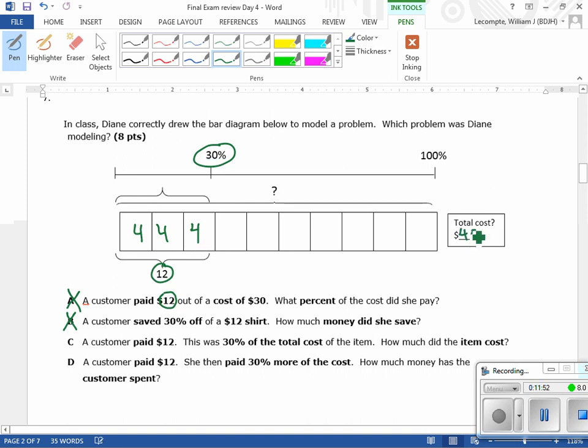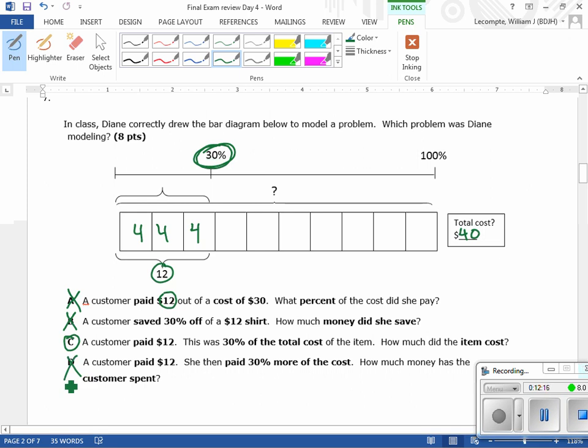And I did save 30% off the cost, which is here. So I would agree that it would be C. Let's prove D wrong. The customer paid $12. They should pay 30% more of the cost. That would be a markup. And there's nothing on here to indicate markup. So I say D would be wrong, or not the correct choice.